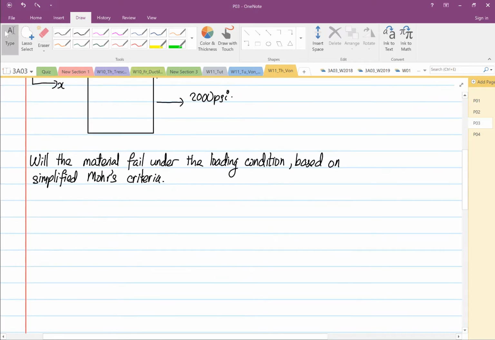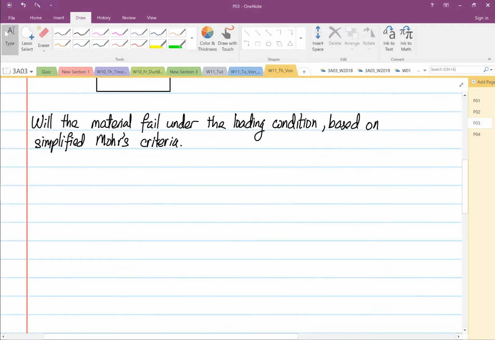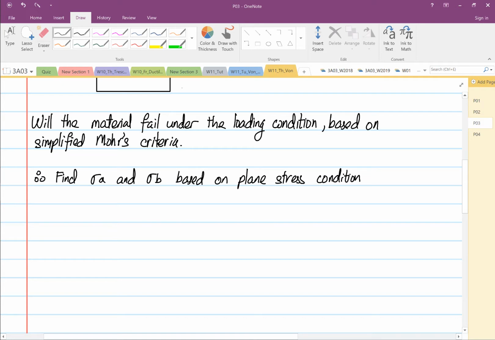Therefore we have to find what our stress A and stress B are, our principal stresses, based on the plane stress condition. As I mentioned, in plane stress condition, stress Z has to be equal to 0.